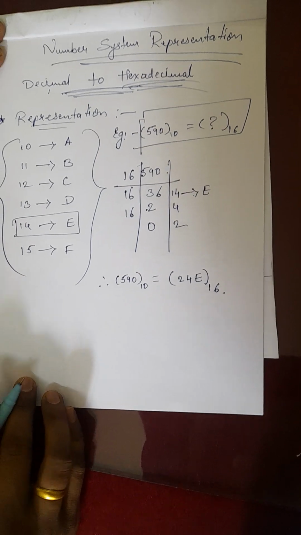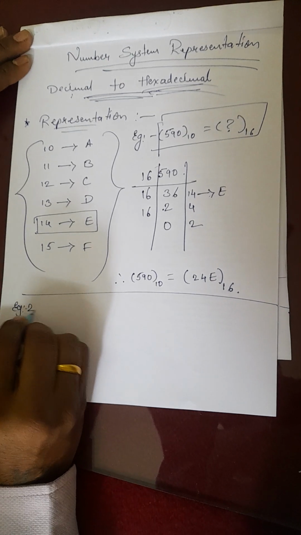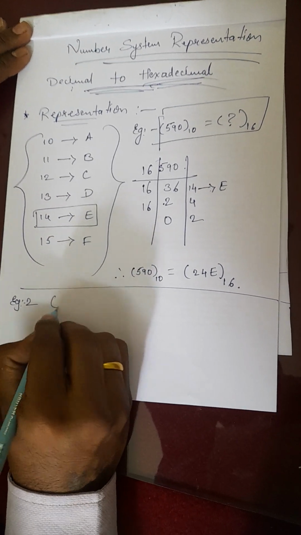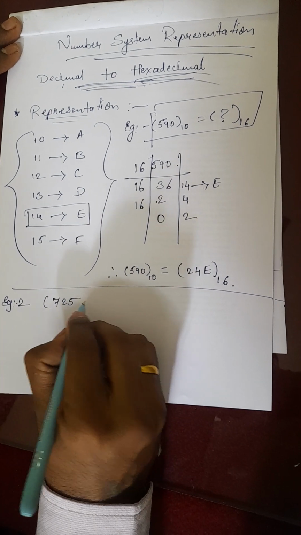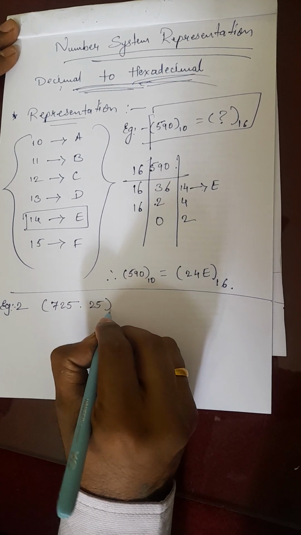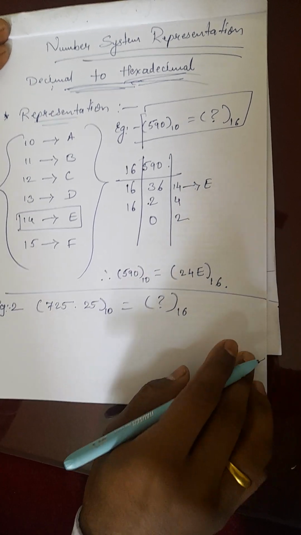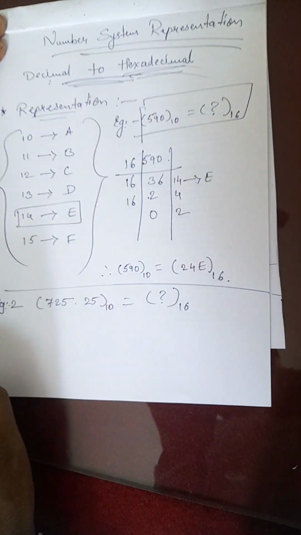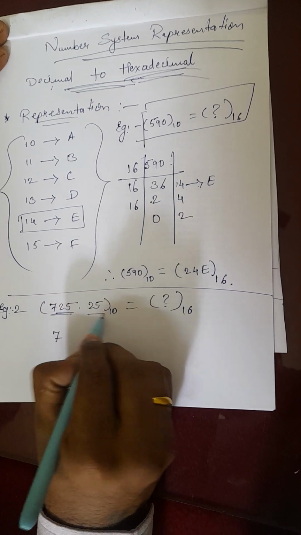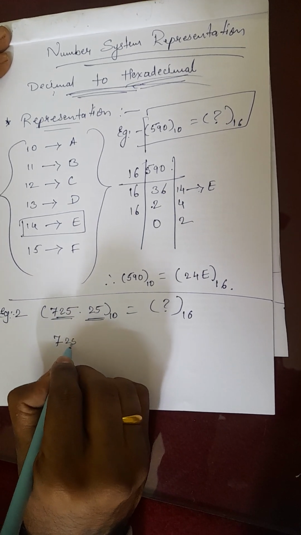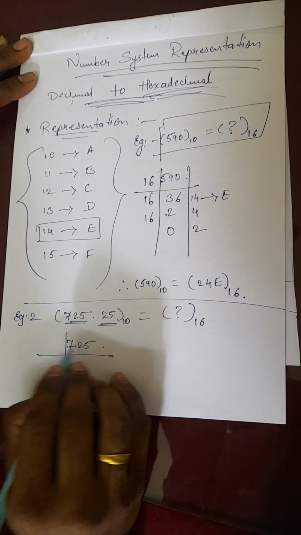Now what if, example 2, it is asked: 725.25 decimal, what will be its hexadecimal? Again we will repeat the same process, the left part and then the right part. 725 divided by 16.